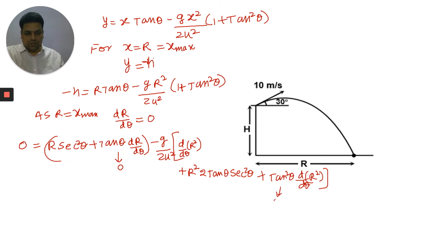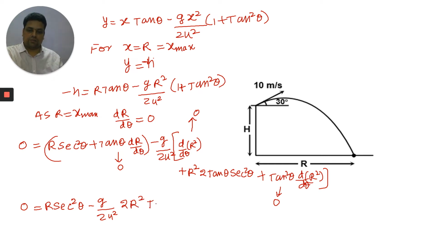So this part is 0, and of course this part is 0. Therefore finally I would be left with r secant square theta minus g by 2u square into 2r square tan theta secant square theta.